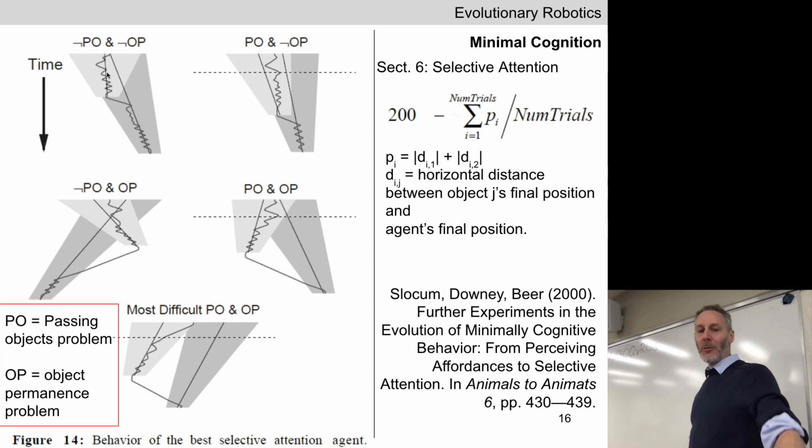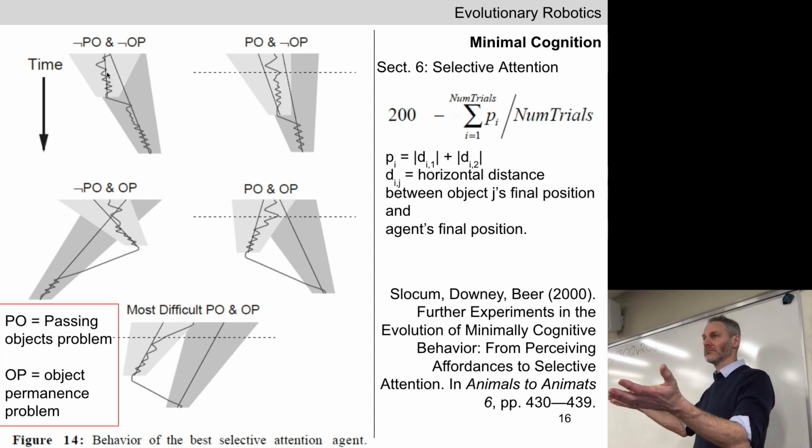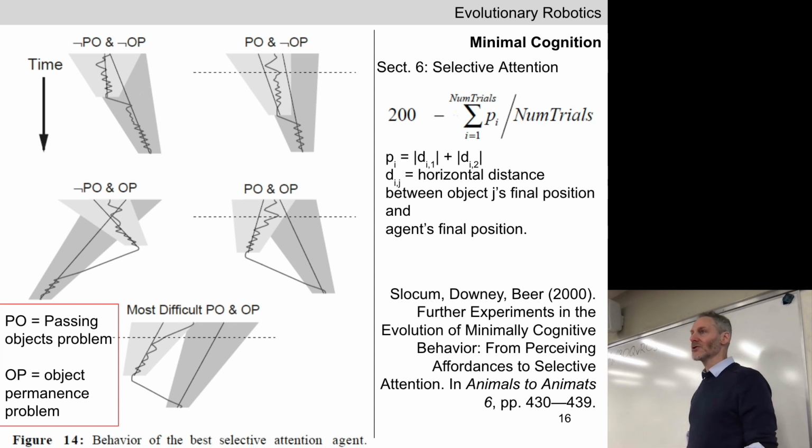What does it mean for the robot to not have to worry about the passing objects problem? The lower one is, or if they're moving at the same speed. They could be moving at the same speed. Whatever it is, the one that's closest is going to hit the ground first, right? Just go after the closest one. That makes it easy. Okay. It also doesn't have to solve the object permanence problem.